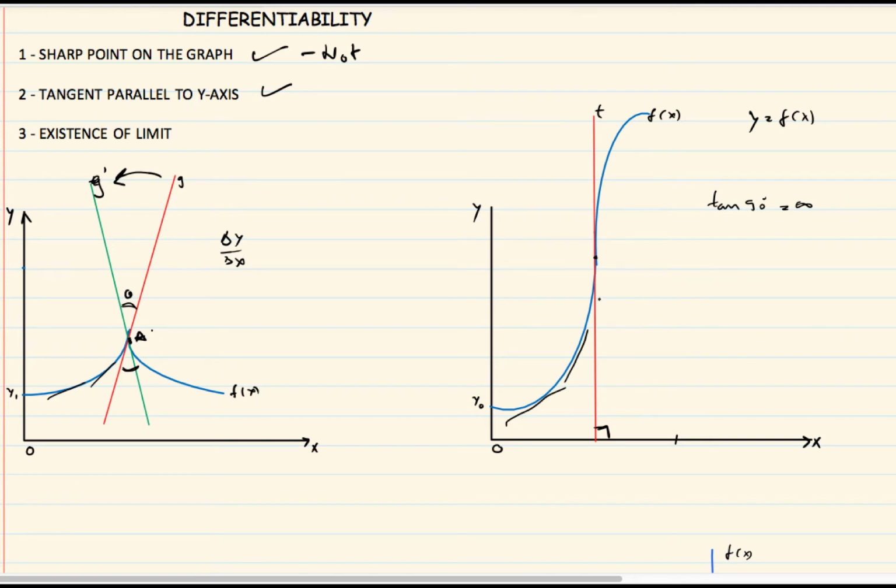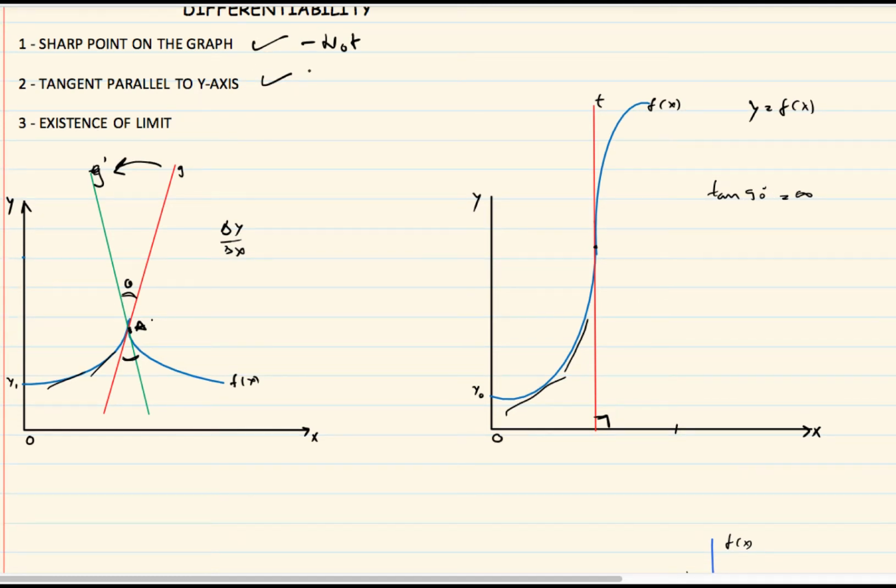So whenever the tangent is parallel to the y-axis, which is perpendicular to the x-axis, at that given point the tangent is 90 and the limit does not exist. So this again is a situation where it is not possible to find the derivative of a function at that given point.